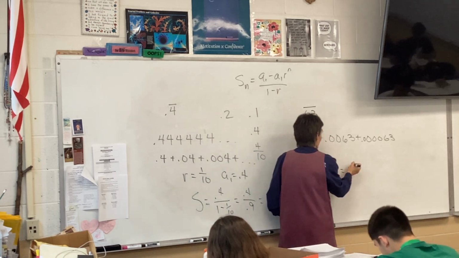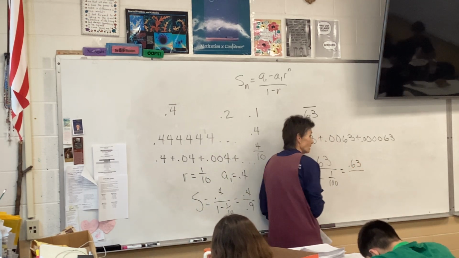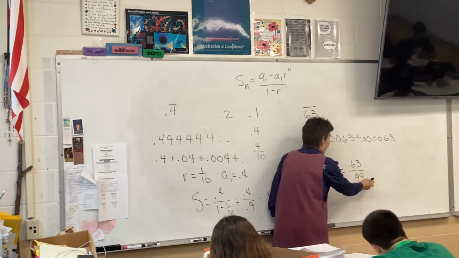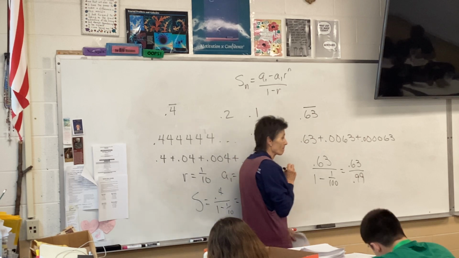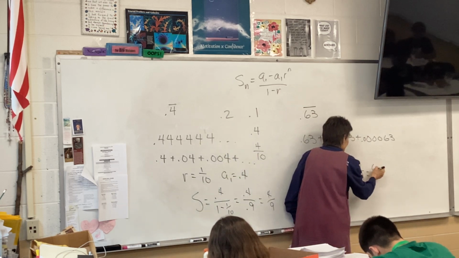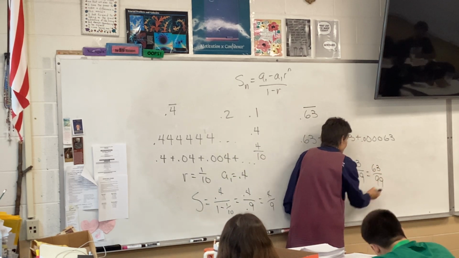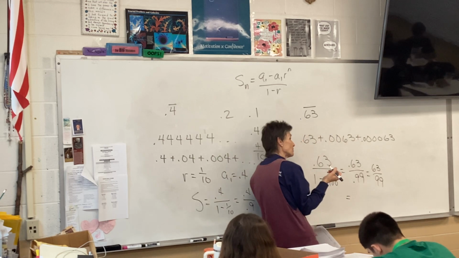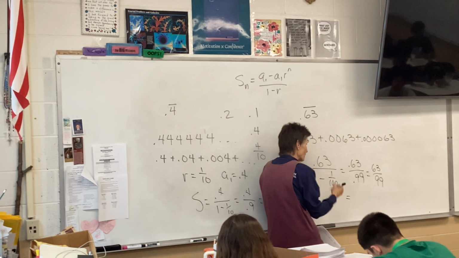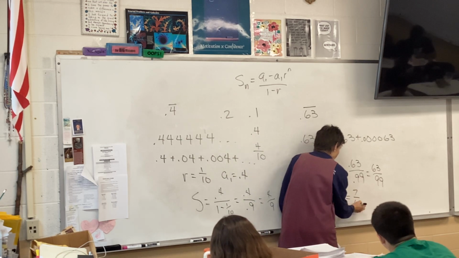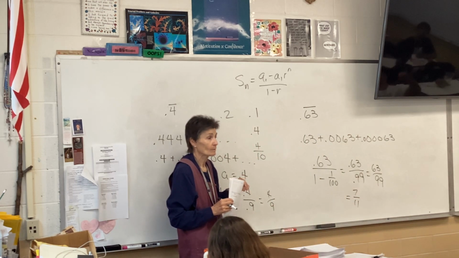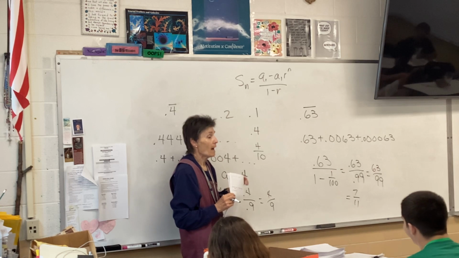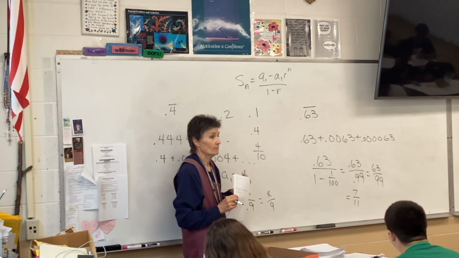So that's 0.63 over 99/100ths, which is 63 over 99, which reduces to 7 over 11, I believe. Now, here's the deal.